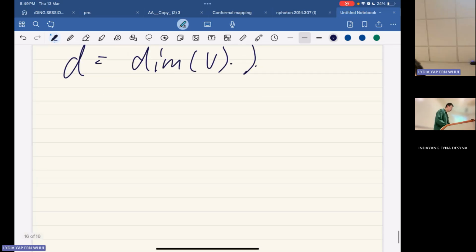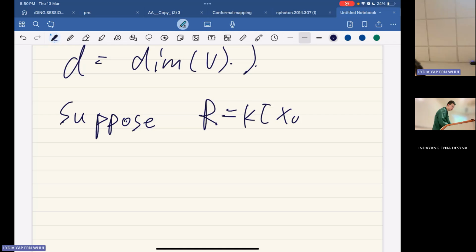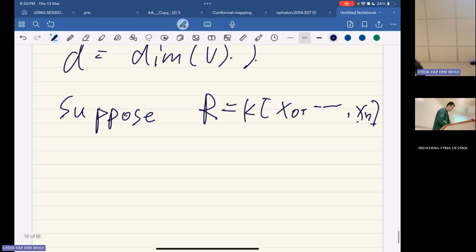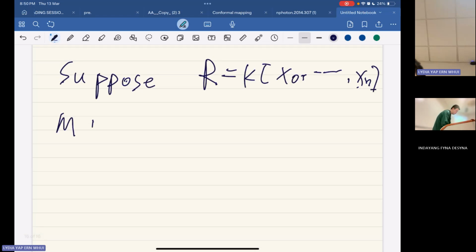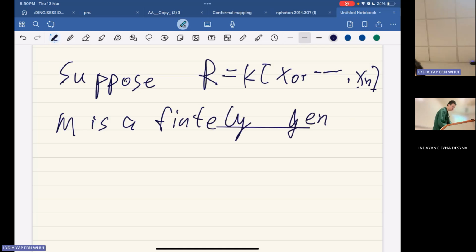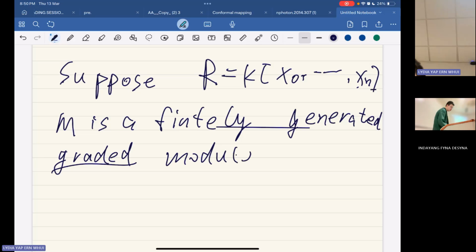The general version of this is: suppose that R is the polynomial ring K[x0, ..., xn], where K is a field, and M is a finitely generated graded module. So this is why we talked about graded modules earlier, right? Because we want to use them here.